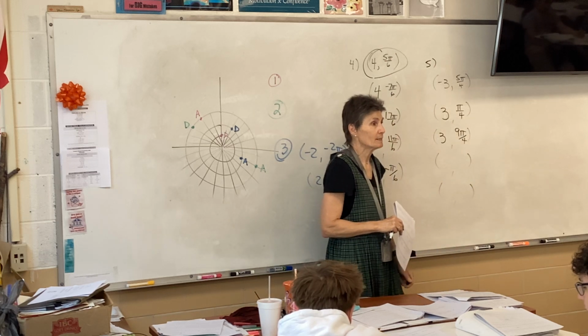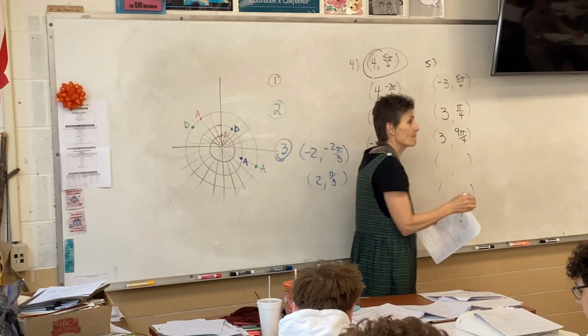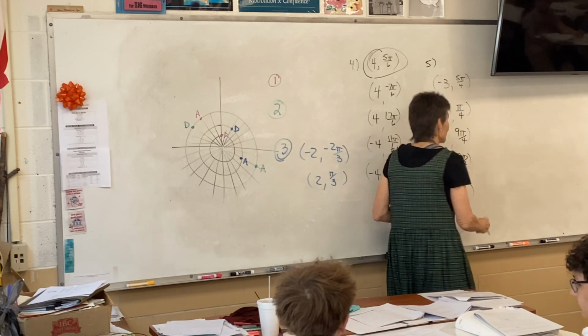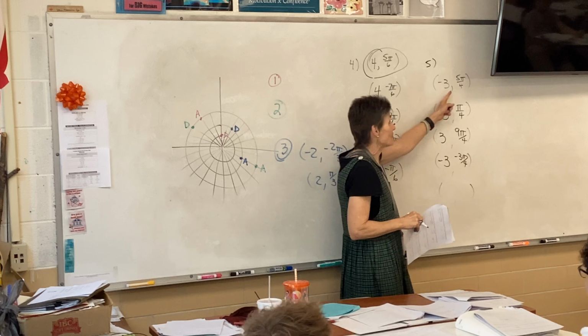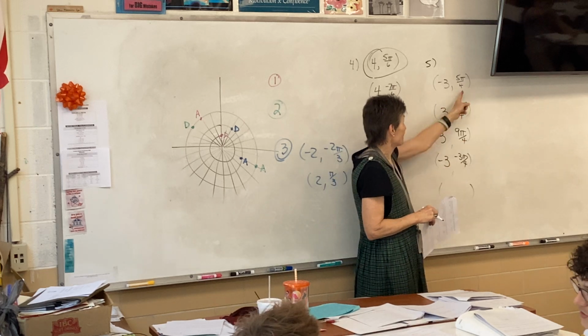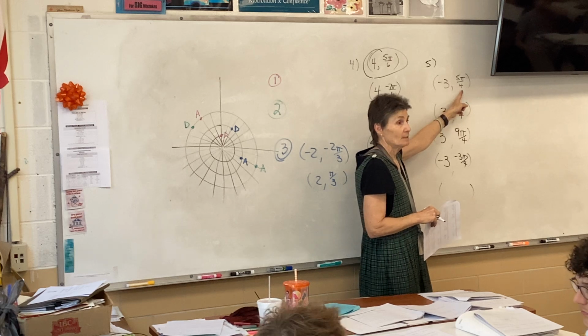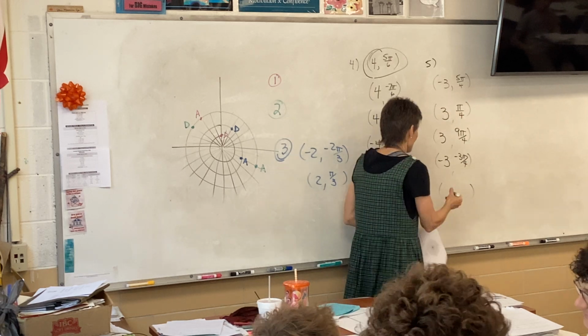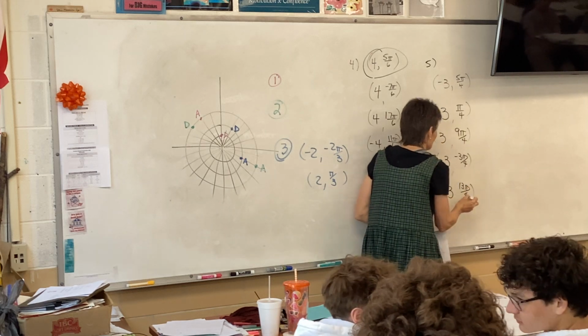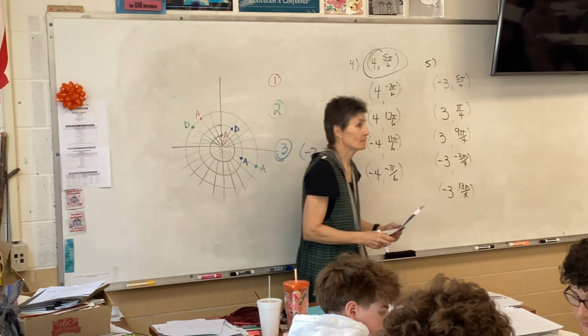Yep, absolutely. -3, -pi. So Gabby says I'm going to leave my r negative, and if I don't change the sign on r, if I leave it the same, then I'm going to add or subtract 2 pi. So she subtracted 2 pi. She could have added 2 pi. Is that right? Yeah. Real good.